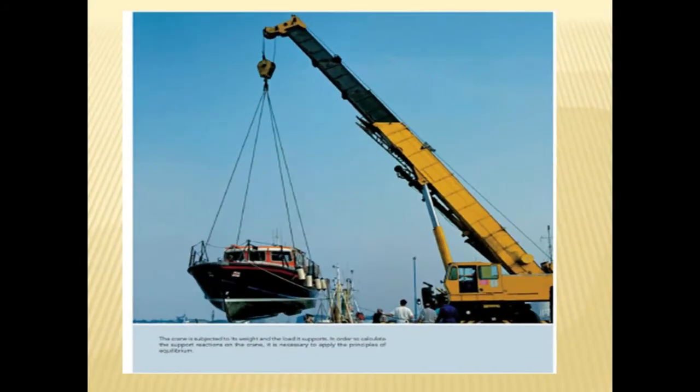So here you can see there is a crane and then there is a hook on which a boat is being applied, and because of the weight of the boat acting downwards, these four components of tension are acting upwards. Then this crane is being supported by horizontal hydraulic pistons over here, you can see.